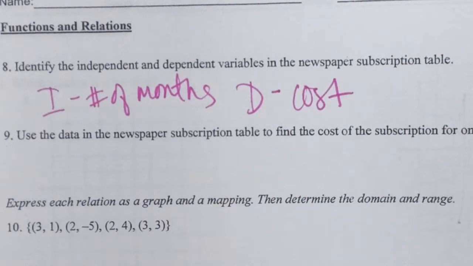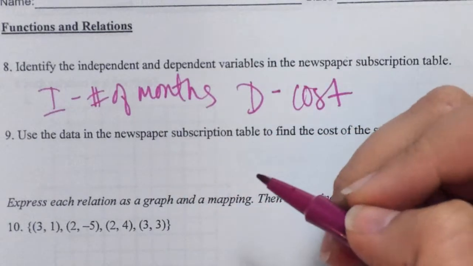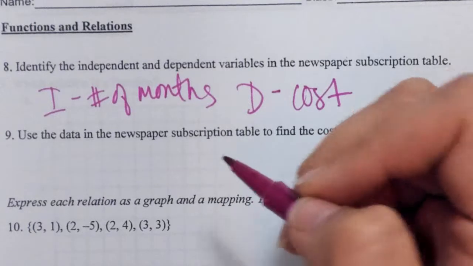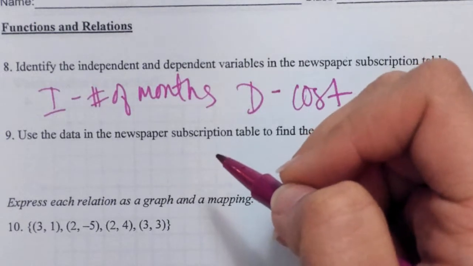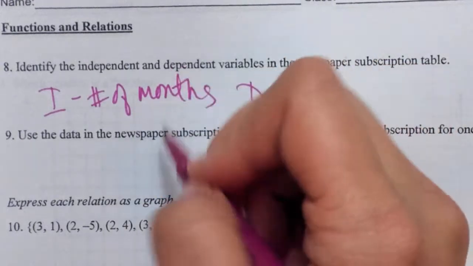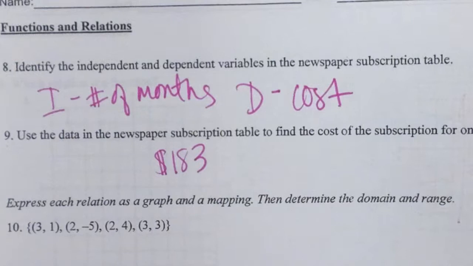The cost for 1 year, Jack. Since each month goes about 15.25, if you do 12 times 15.25, that is $183. Do we agree or disagree?